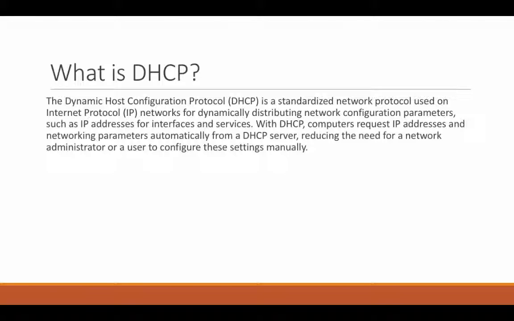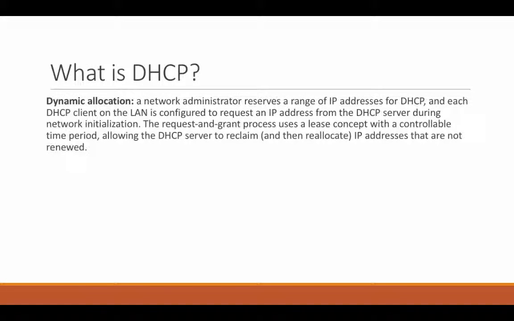So depending on the implementation, DHCP servers may have 3 different methods of allocating an IP address. They could give it a dynamic allocation. A network administrator reserves a range of IP addresses for DHCP, and each DHCP client on the LAN is configured to request an IP address from the DHCP server during network initialization.